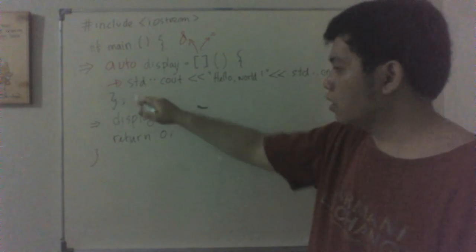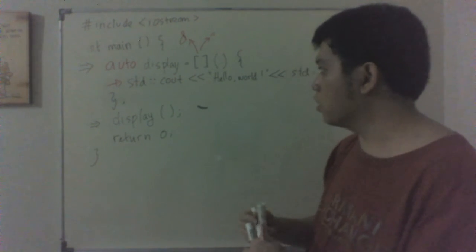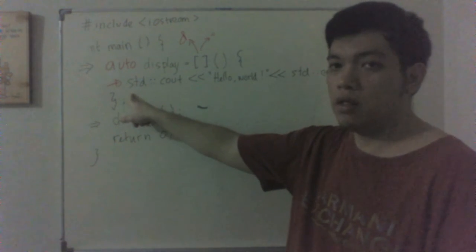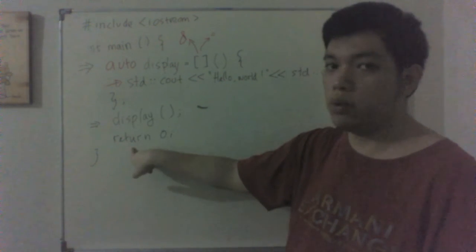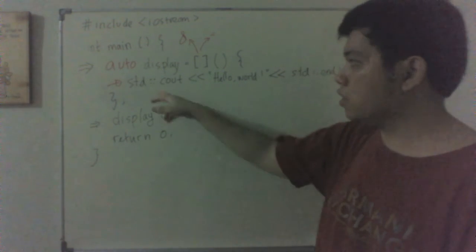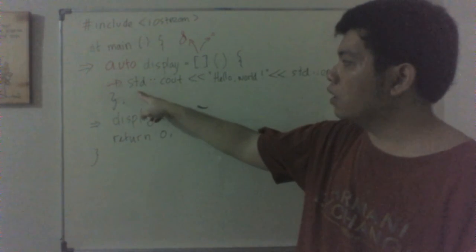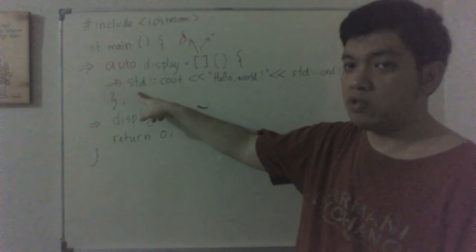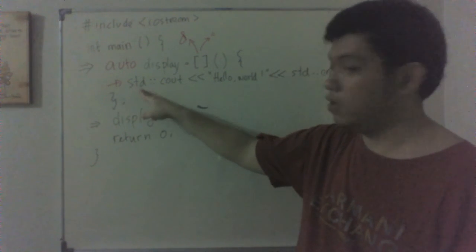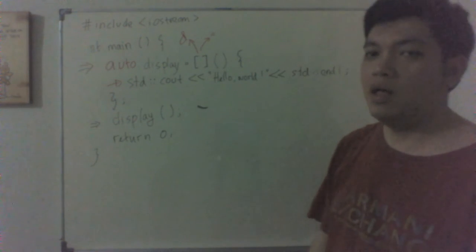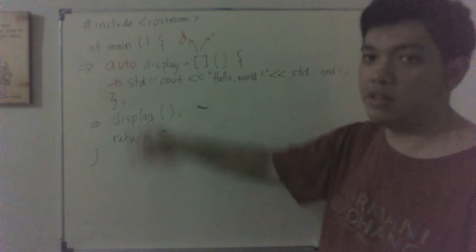But over here, it's optional to use the return value because this lambda returns nothing, unlike the main one, which returns 0 because we put an integer over there. It's like having a function with return type void, you know. There's no return value over here, so it's totally optional for you to use the return statement. Just to make stuff simple, in this example, I use no return statement inside the lambda.